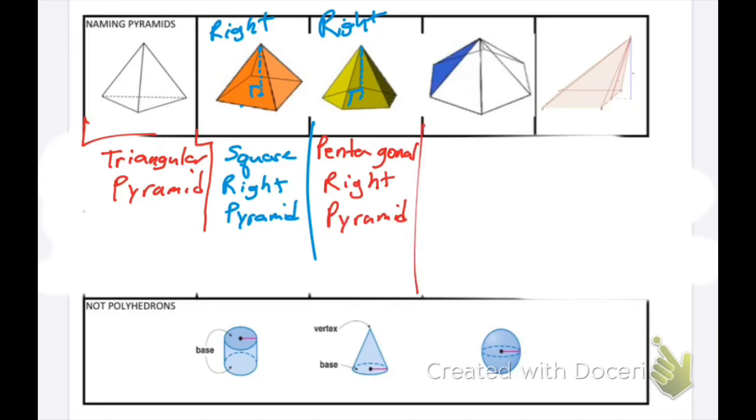Now this one here, again, if I were to construct that vertical line, it's perpendicular to the base and it lands in the middle of the hexagon, which is our base here. The base is a hexagon. So this would be a hexagonal right pyramid.